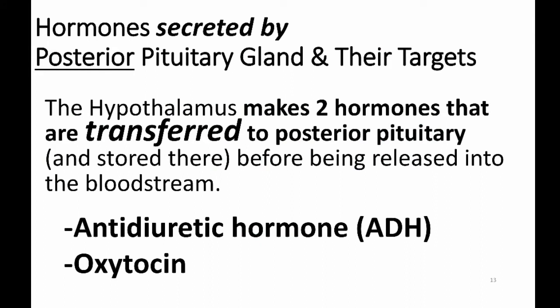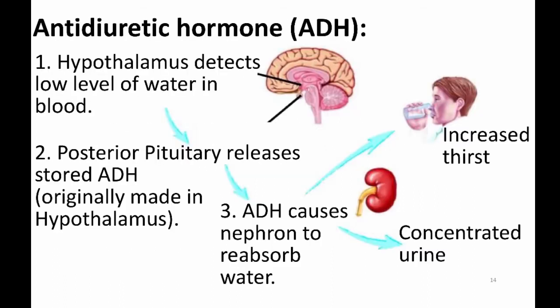Those two hormones are antidiuretic hormone, which you've heard about before in the context of the urinary system, and oxytocin. Antidiuretic hormone is released from the posterior pituitary when the hypothalamus detects that blood has become more concentrated, so lower levels of water, higher levels of solute and cells.